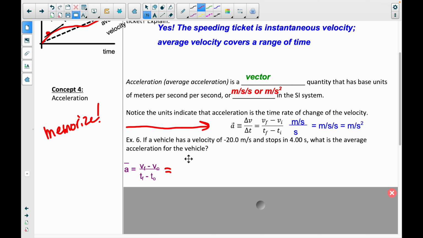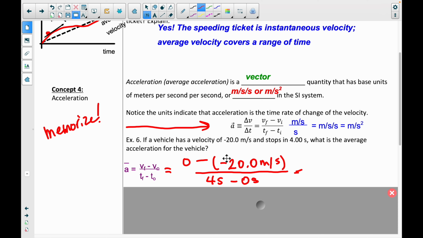So the final velocity, well, it stops, so it must have stopped at 0. And its initial velocity was negative 20.0 meters per second. And then it stops in 4 seconds. So the final time on the timer, when you clicked the timer, was 4 seconds, and the initial time started at 0 seconds.